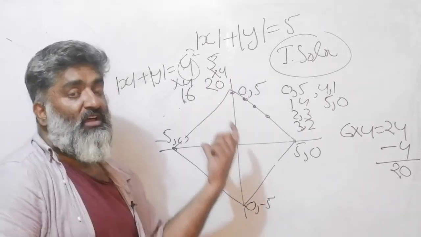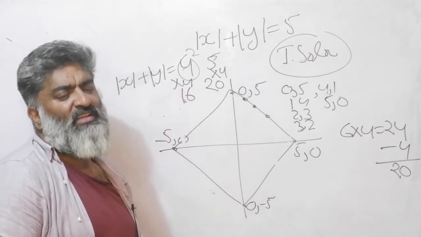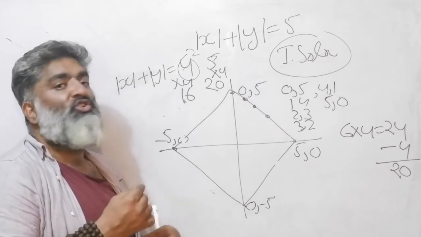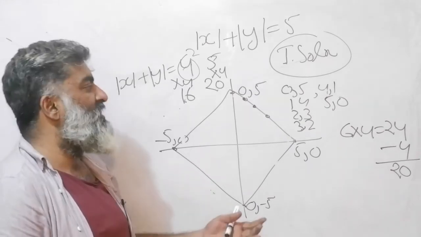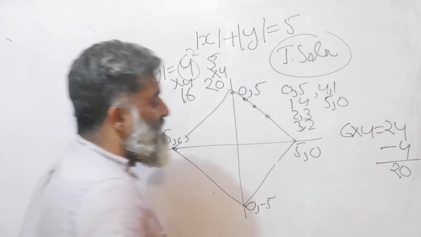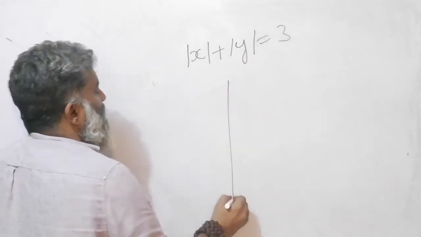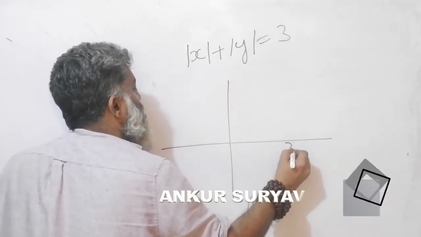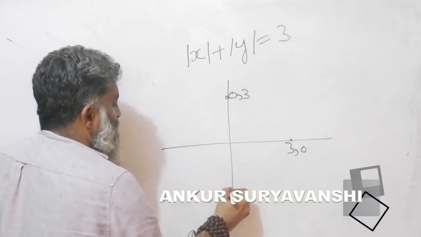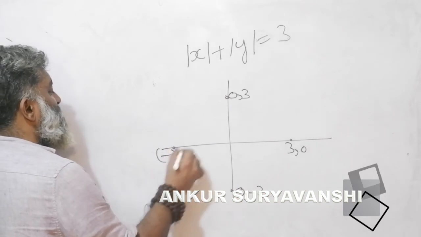Now, I observed it. This is empirically true for these two examples, but is it necessarily true for all given situations? So let's try one more example, and if the logic works out, we'll have a very good bonus shortcut. Let's go small. The number is 3. What are my coordinates going to be? 3, 0; 0, 3; 0, minus 3; minus 3, 0, right?